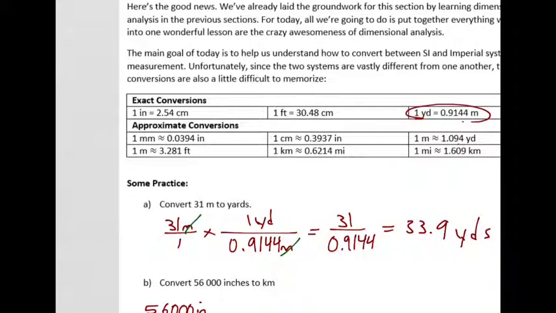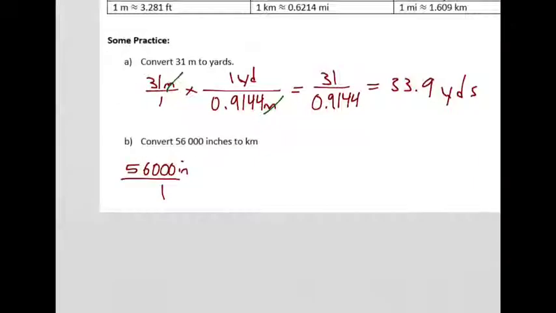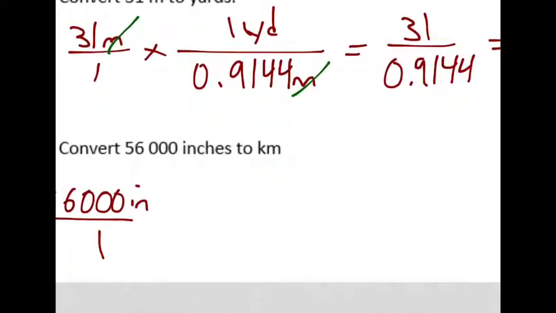A kilometer is substantially bigger than that. You could probably find one, it wouldn't be too tough, but we're going to choose an easier path. Instead of going inches to kilometers, we're going to go inches to what? Inches to centimeters. We could do that. Good. And then centimeters to meters, and then meters to kilometers.